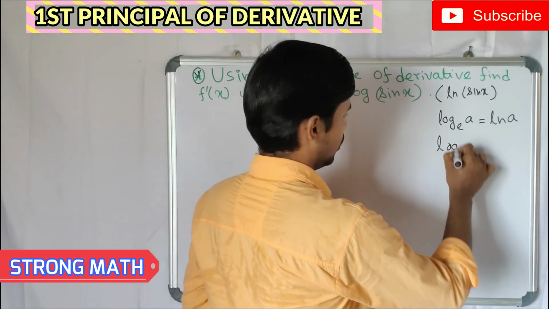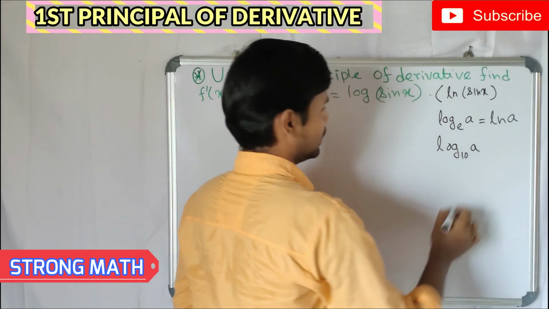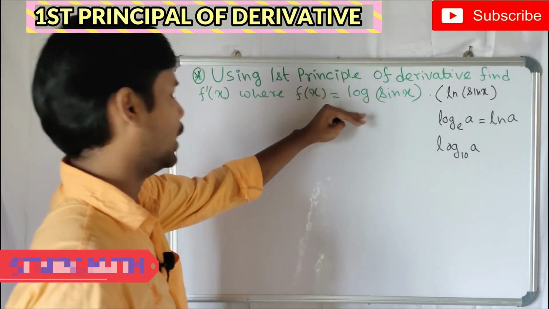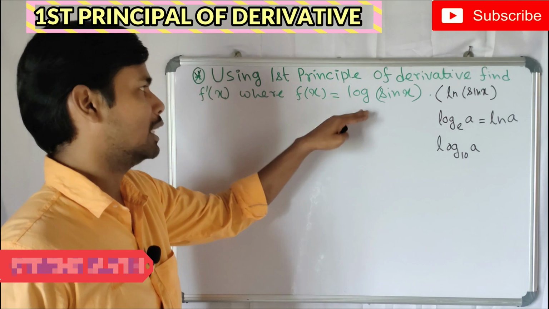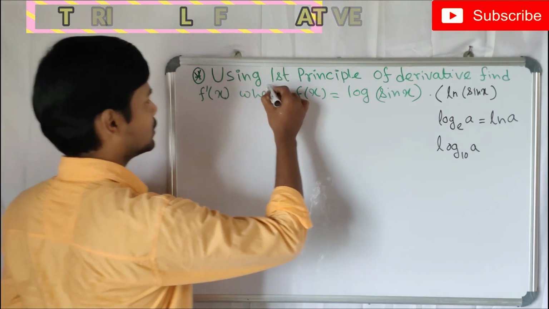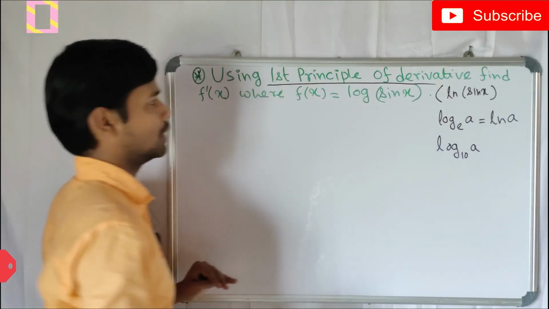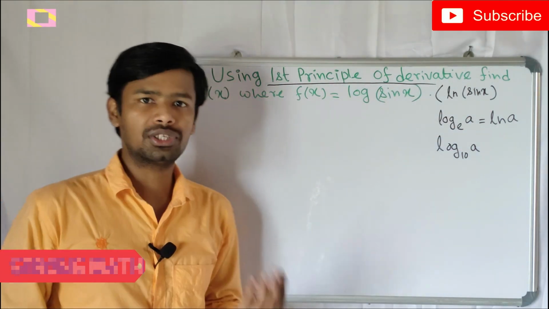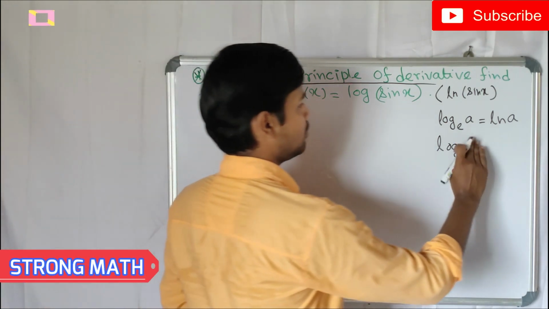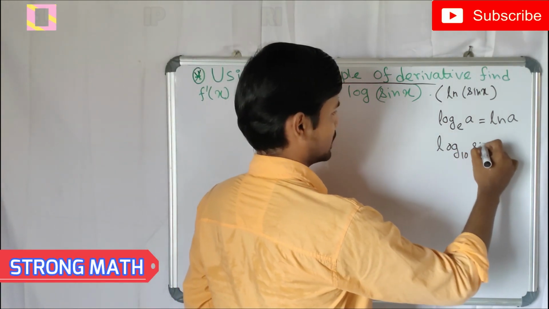And if it is log base 10 of a, then we write it log 10 base a. At first we will find the derivative of the natural log of sin x by applying the first principle of derivative. After that we will check what the derivative of log base 10 of sin x will be.